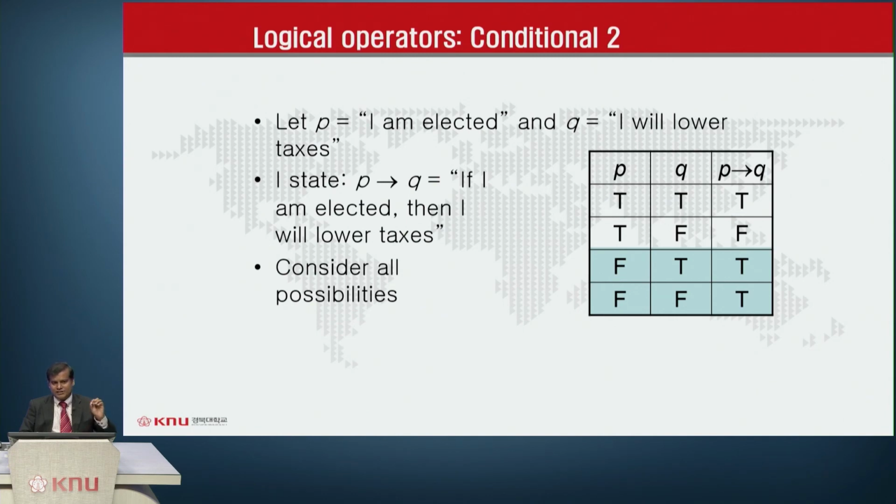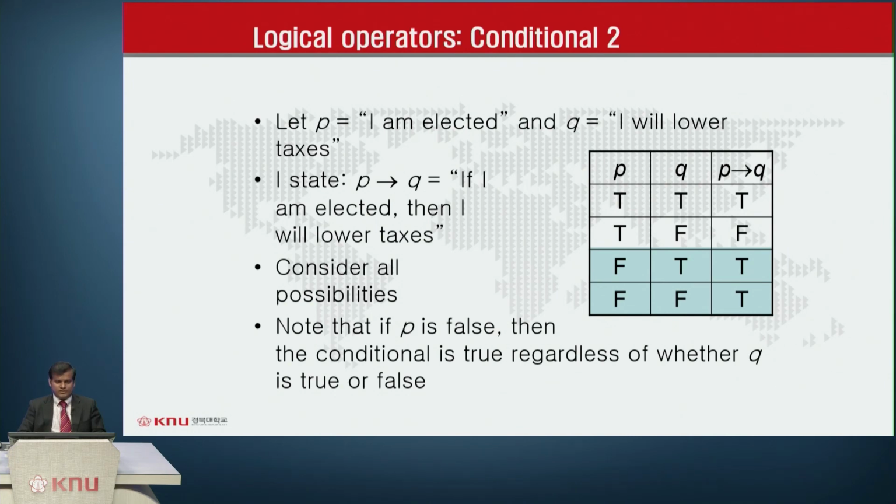When the antecedent or hypothesis is true and the conclusion or the consequence is false, only in that condition your implication is false. Note that if P is false, then the conditional is true regardless of whether Q is true or false. That is another point you have to remember. These are hints that help you make the right conclusions when we talk about this conditional statement.